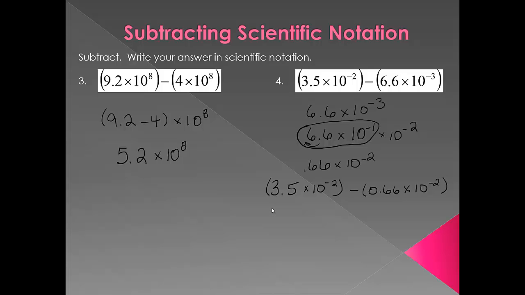So I'm going to subtract 3 and 5/10 minus 66/100, and that answer would then be times 10 to the negative second power. 3 and 5/10 minus 66/100 is 2 and 84/100, and that would then be times 10 to the negative second power.